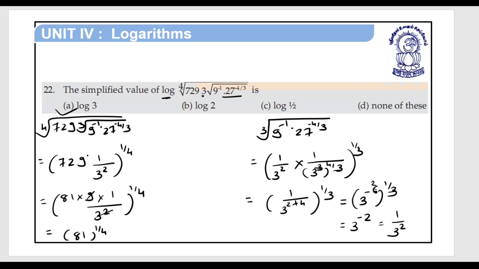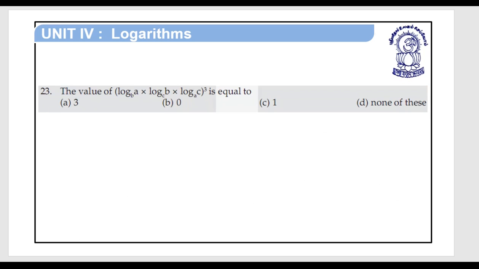Now next question. The value of log a to the base b into log b to the base c into log c to the base a cube is equal to.